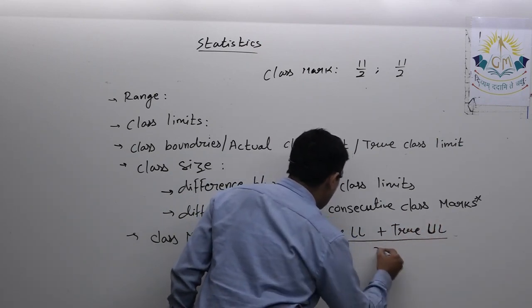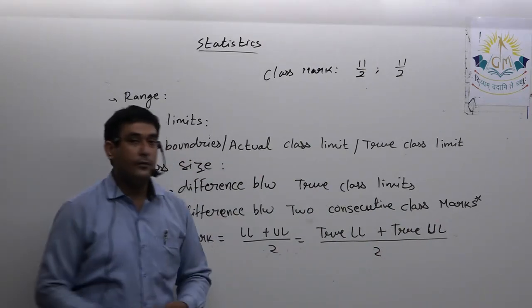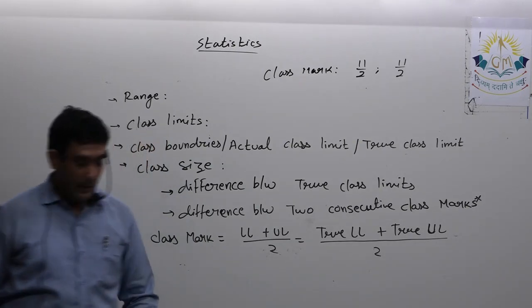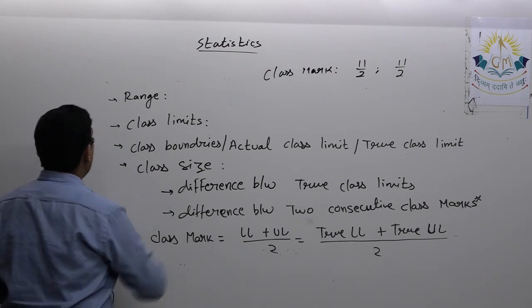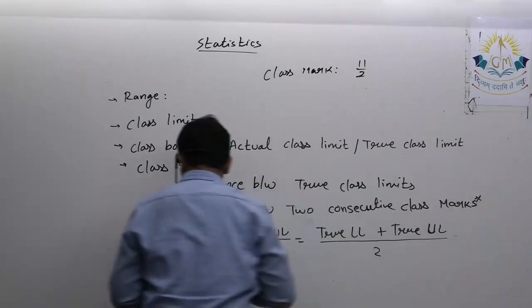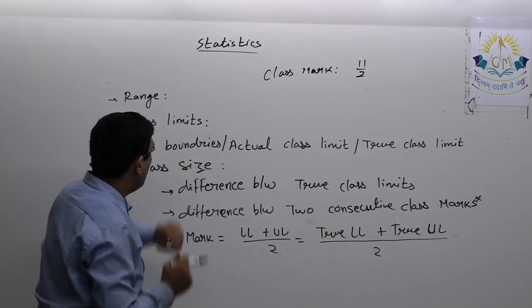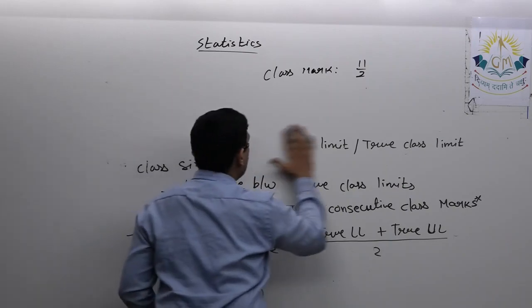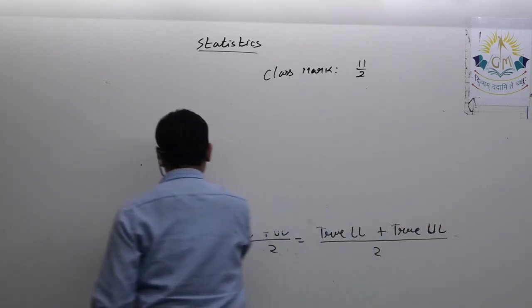That means we can find class mark directly whether the class intervals are inclusive or exclusive. Now next we will see, suppose class marks are given and you have to find the class intervals or classes. Then how to find the classes if only class marks are given?